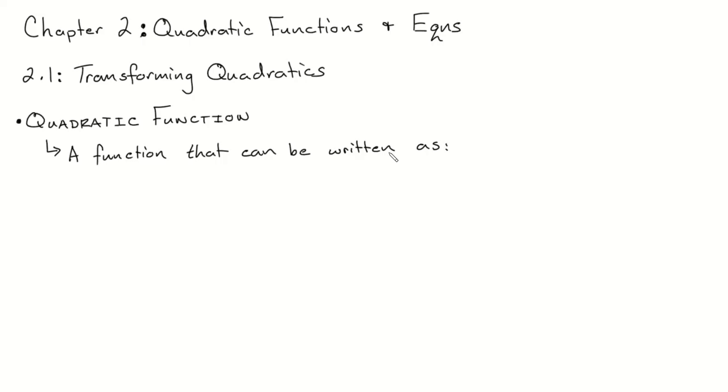Any function that can be written as f of x, and it always has this general form, ax squared plus bx plus c, where the only requirement is, if I let a be 0, does it have an x squared anymore? It wouldn't be quadratic, right? It would just be a linear function. We don't see mx plus b, but it's the same format. The only thing that we need to say is a is not equal to 0. That's it. If you can write your expression, your equation, in this form, you have a quadratic.